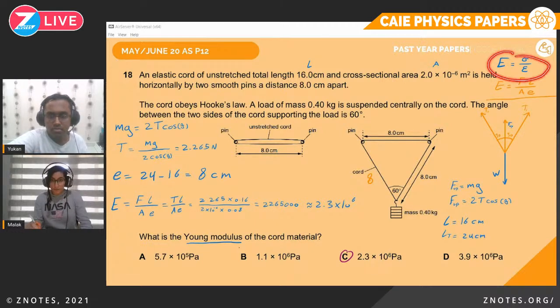And then you can break it up even more to E equal F times L over A times extension. Now, we have A and L, so we need to find extension and F. Extension would be easy; you can find it pretty easily. F will be the tricky part. So now we need to find the force acting on the cord. We need to realize that the only force acting on the cord is tension along these two lines.